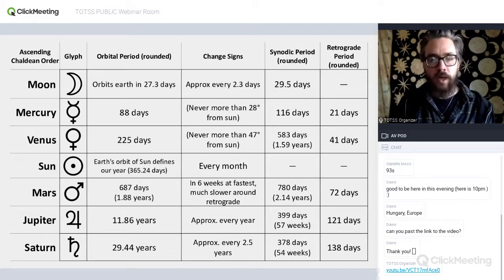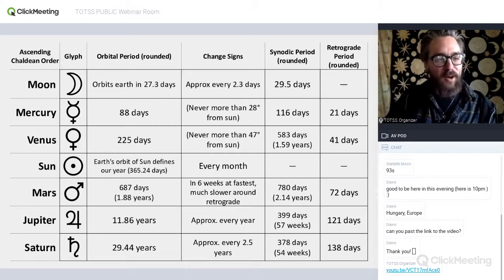And so the sun changes signs once every month, approximately around the 20th of every month. That varies a little bit. Our months are uneven length, and there's the issue of leap years and all that. The sun, of course, has no solar phase because that's the relationship of a planet to the sun. So the sun doesn't have a solar phase of its own and is never retrograde. The delineation for a retrograde sun, I think, is imminent apocalypse, right?